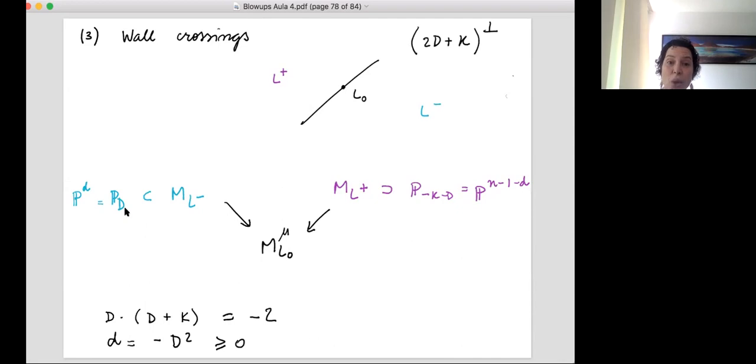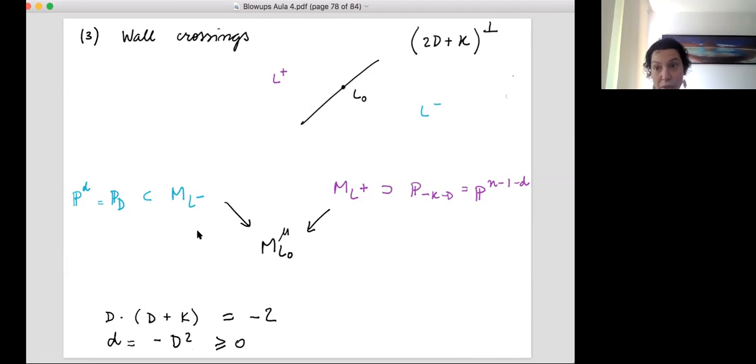This will depend on the wall. So the wall will depend on D and these numerical conditions on D, and the loci that get contracted will also depend on this divisor D. But in any case, if you fix D, you can compute these loci.